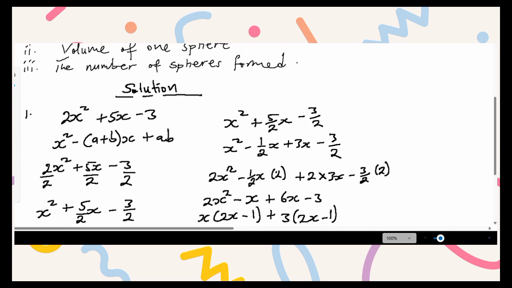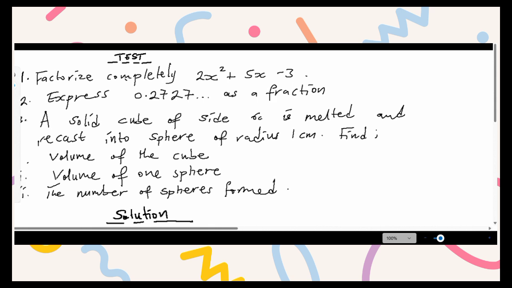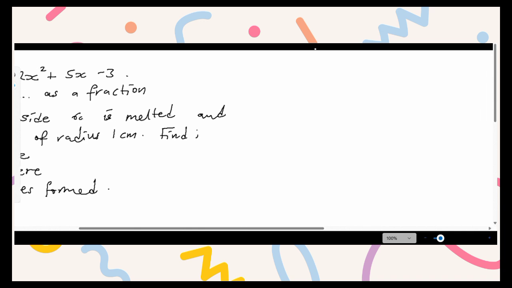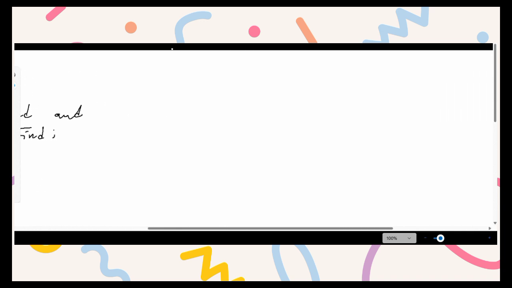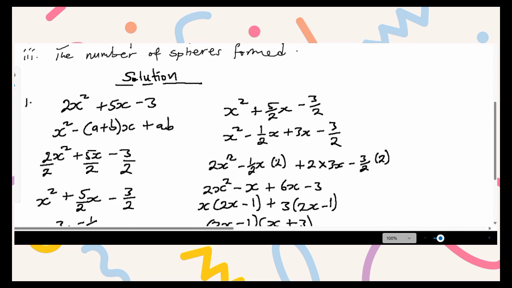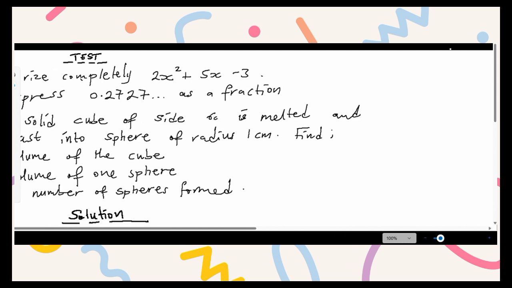The next question says that we should express 0.2727 repeating as a fraction. Okay, so what we just solved, that was question number 1. So now what we're going to solve is question number 2.